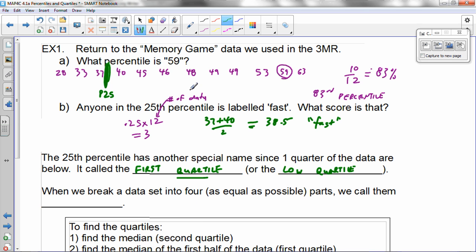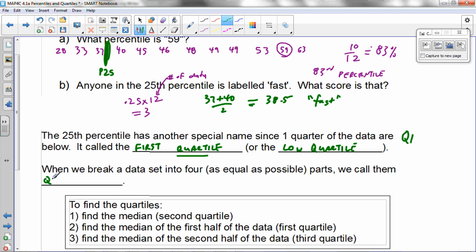Sometimes you'll see me refer to P25 as Q1, the first quartile cutoff spot. When we break data into 4 as equal as possible parts, we call them quartiles.